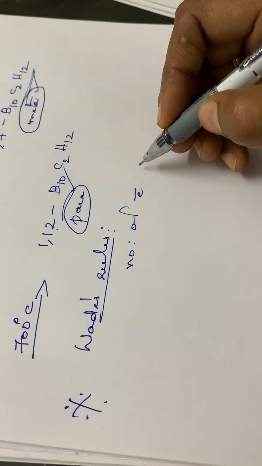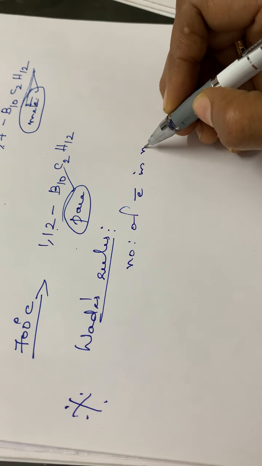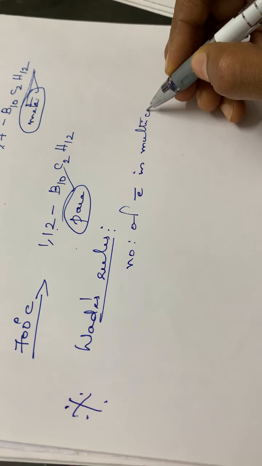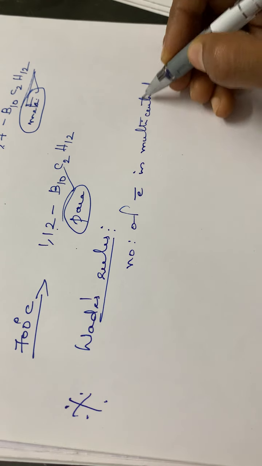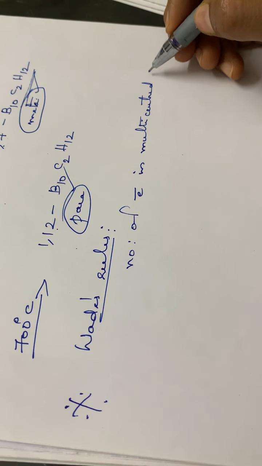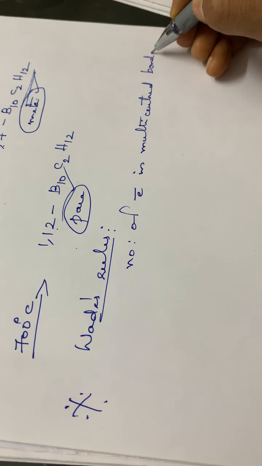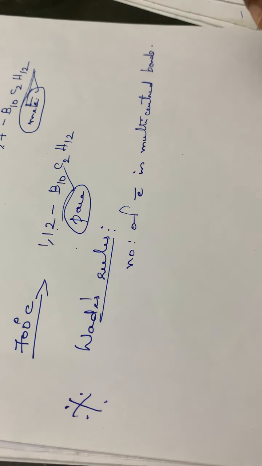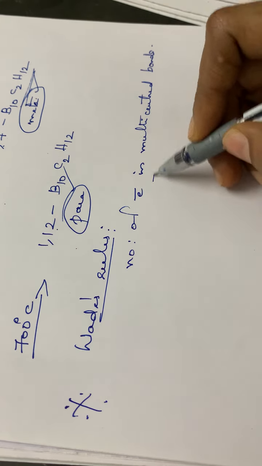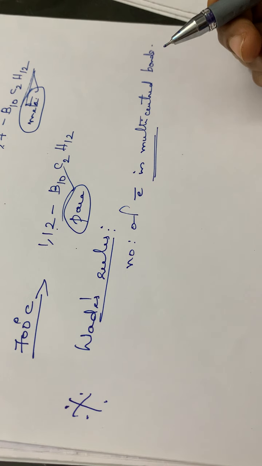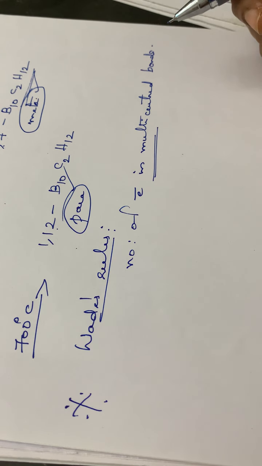Multi-centered means we had seen the 3-centered 2 electron bonds, isn't it? As well as the 2-centered 2 electron bonds. So in such type of compounds, Wade's rules are applied.